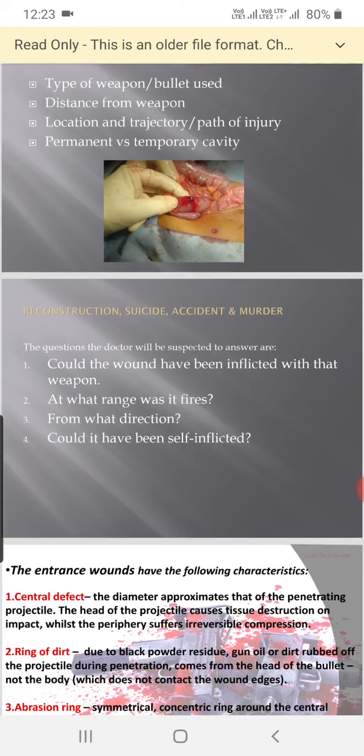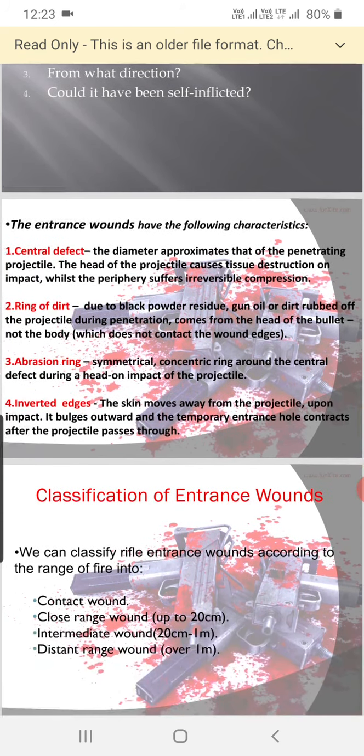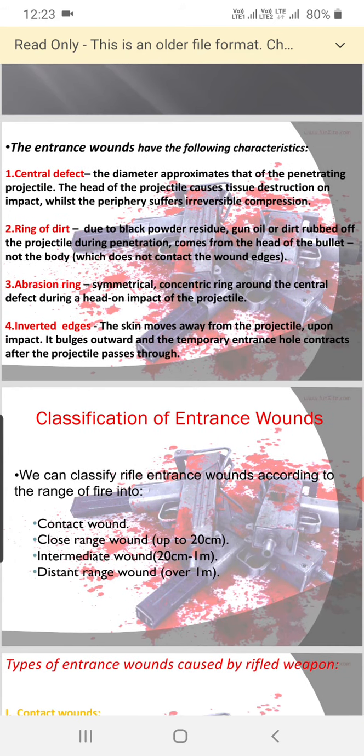The entrance wound has the following characteristics: the central defect, ring of dirt, abrasion ring, and inverted edges. These are the four important components of the entrance wound of a firearm.